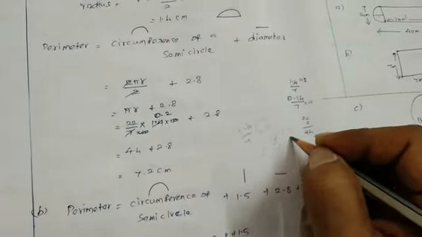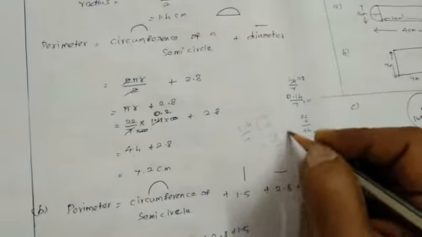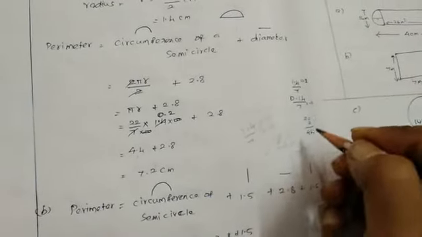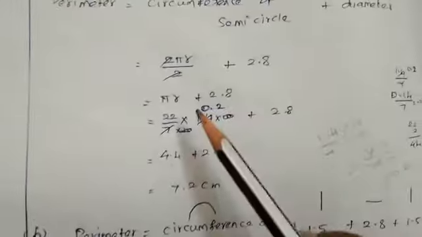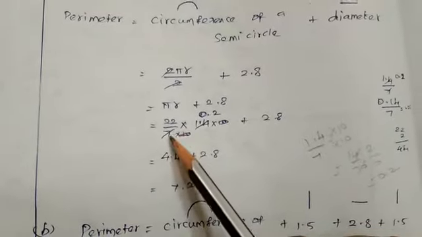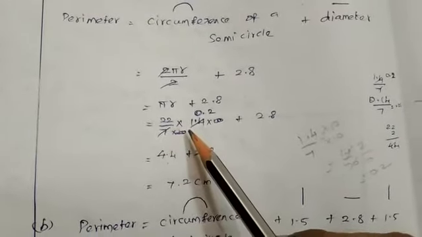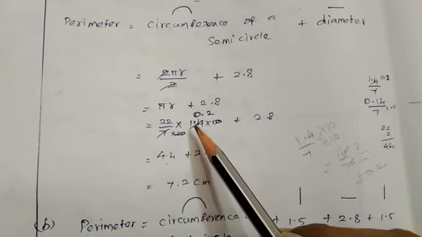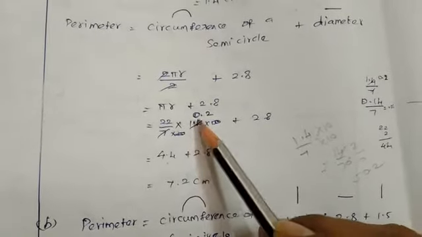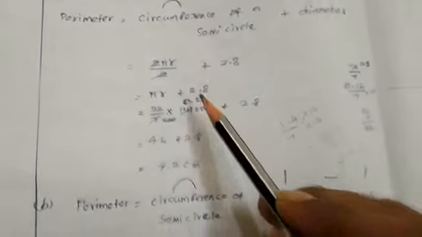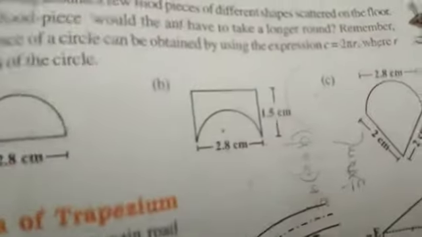So 2 divided by 10. So that is 0.2. Or you can directly cancel 1.4 and 7. 1 7 is 7, 2 7s are 14. You have one decimal, no? Put 0.2. Right.